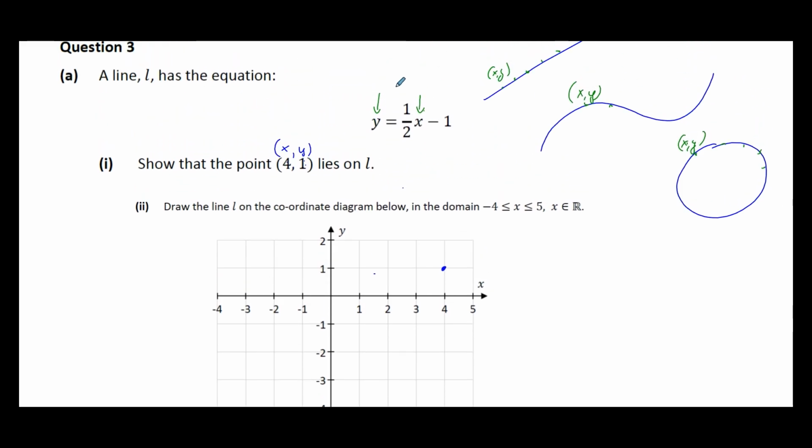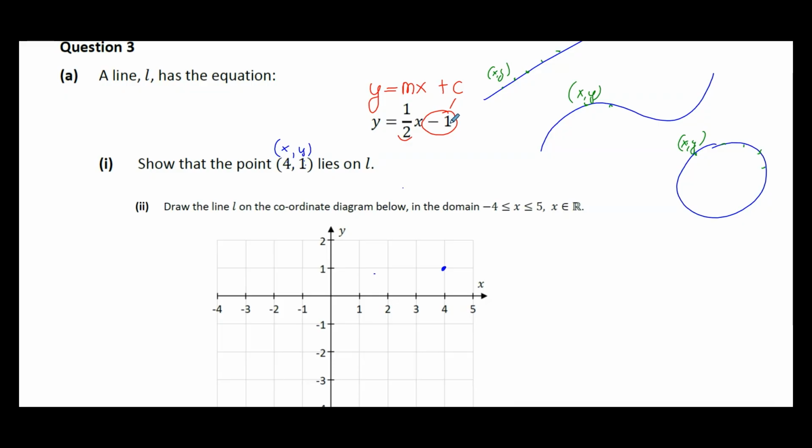Well, this line L, the way it is given to us, let me write that here, that is how that line is written. Now, what that is showing us is that the half is the slope of the line, and that -1 is the place where the graph of this line will cut the y-axis.